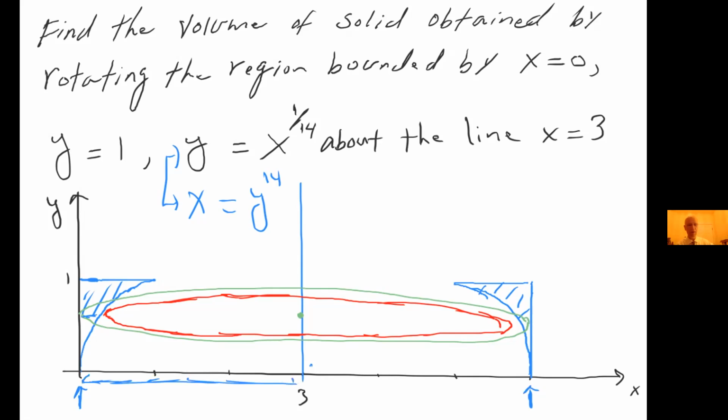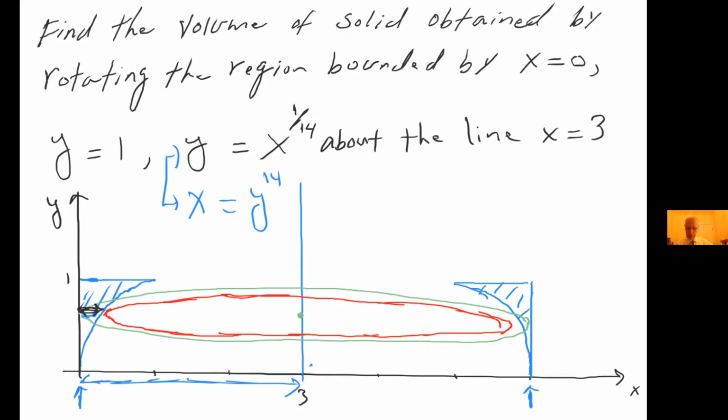That is going to be 3. And once this washer stacks up, I'm getting closer and closer to the 1. So we are going to have to subtract this much off. And how much is that? That's x, which is like y to the power of 14.